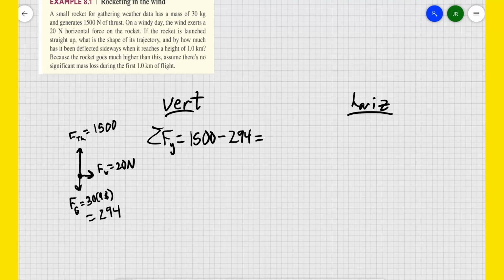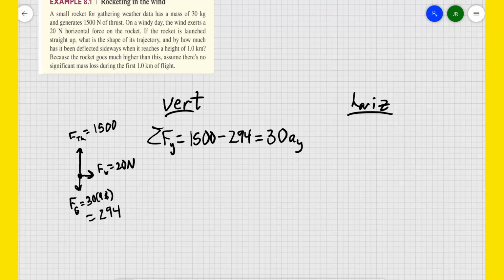And the sum of the forces always equals what? It always equals ma. So in this case, it's going to equal 30, because that's the mass, times the acceleration in the y direction, or the vertical acceleration. Alright, so we can now find the vertical acceleration.